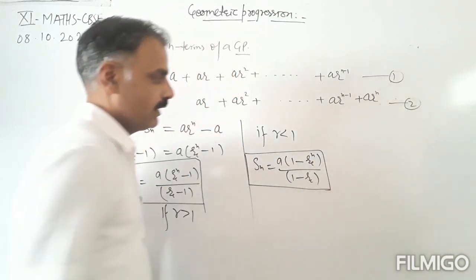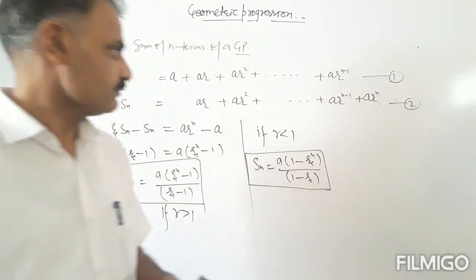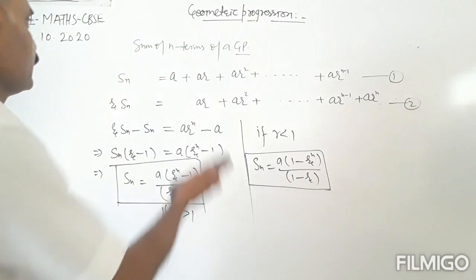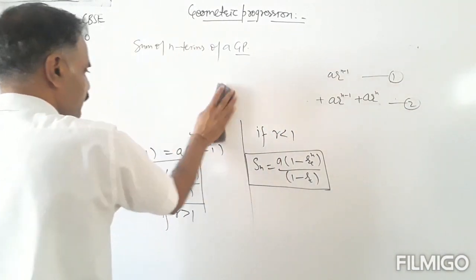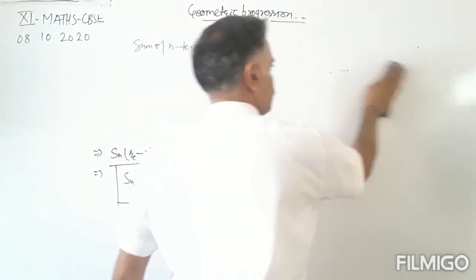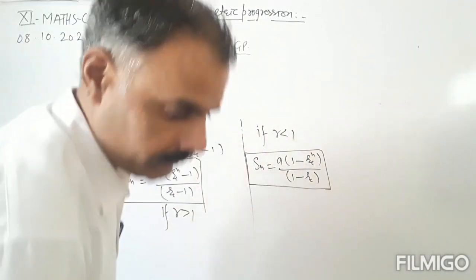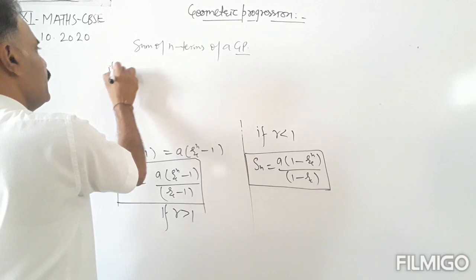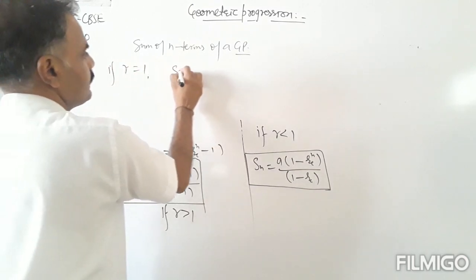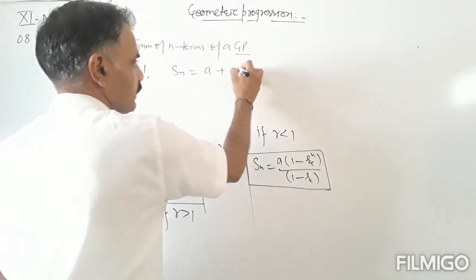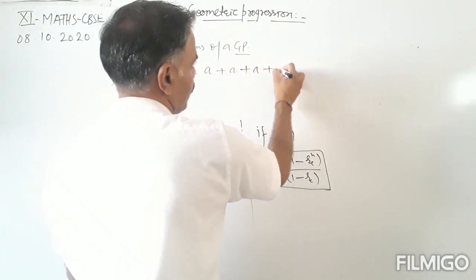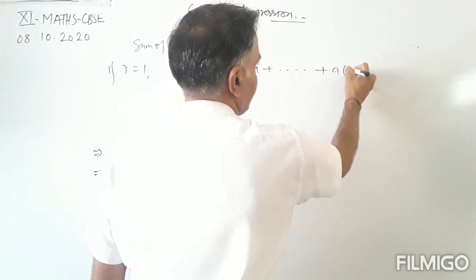Now if r equals 1, then what will be the sum? If r equals 1, then Sn is equal to a plus a r to the power 1, that is a plus a, plus and so on, plus a, n times.